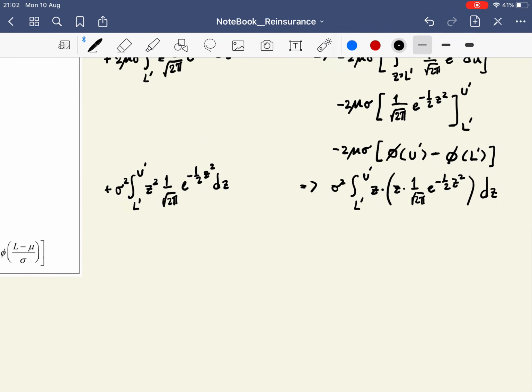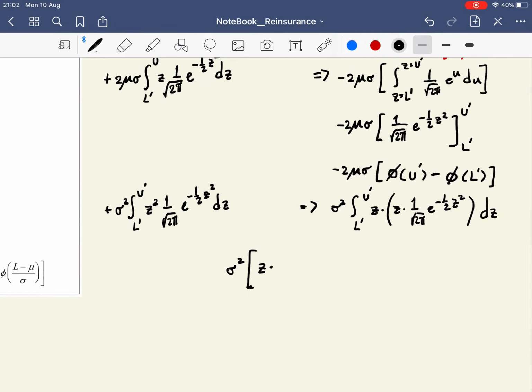And then when we do by parts, we're going to have the sigma square of z times the integral of this one. The integral of this one is the one that we calculated before, right?